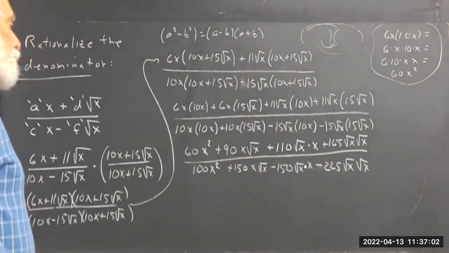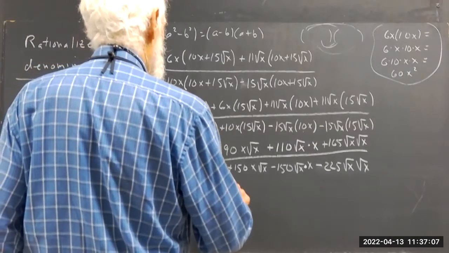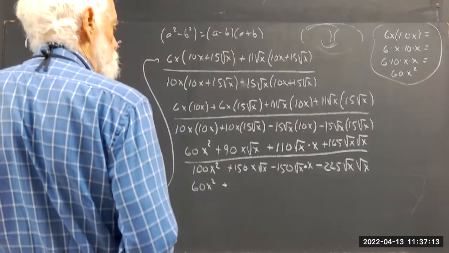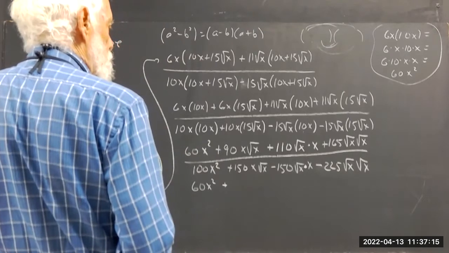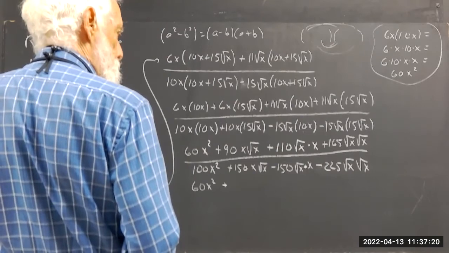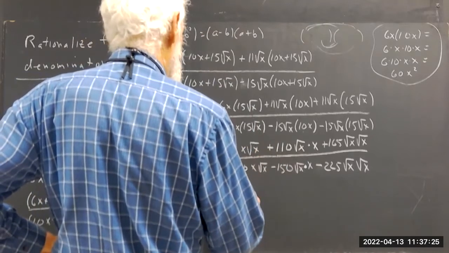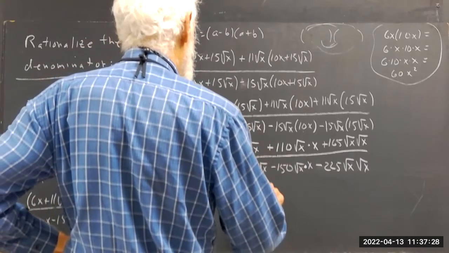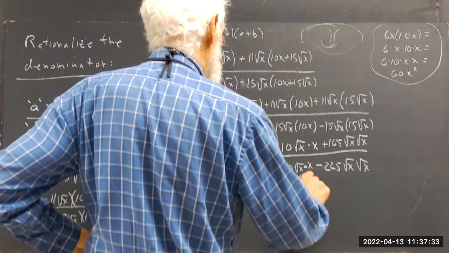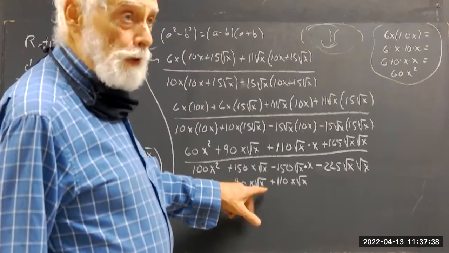Okay. So this is 60x squared plus, I'm just trying to see if I've got room to. Yeah, I can probably do it. Okay, I'm going to do an extra step here. If I write in the order x square root of x, I don't need any dots.